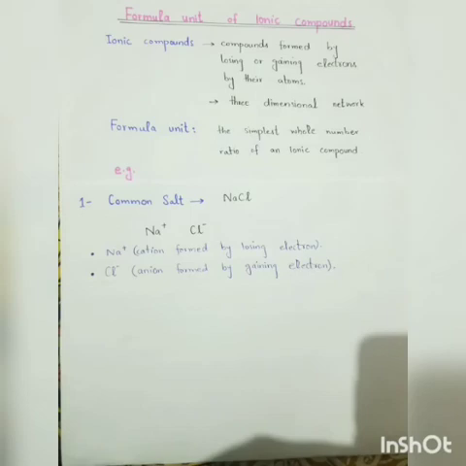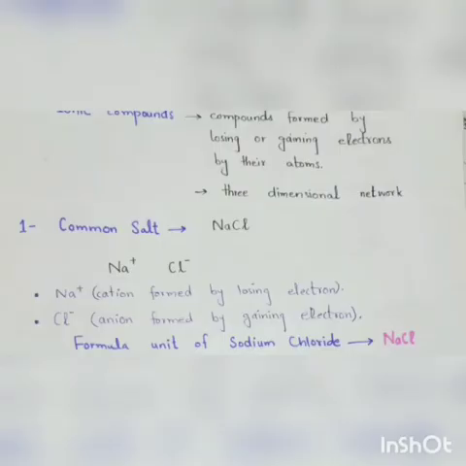Cation is formed by losing an electron and chloride ion, that is anion, is formed by gaining an electron. So we can say that formula unit of sodium chloride or common salt is NaCl, which is also its empirical formula because its ratio of Na to Cl is 1:1, so we cannot further simplify it. So its formula unit is NaCl.